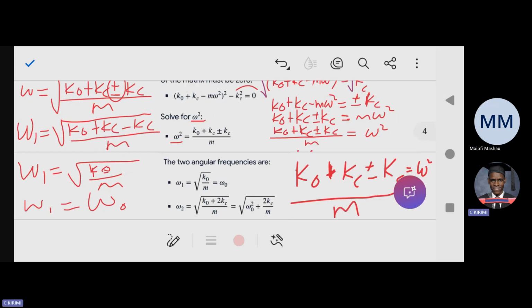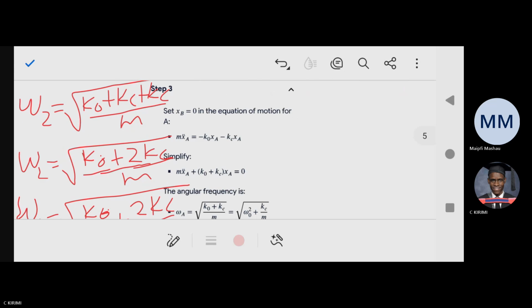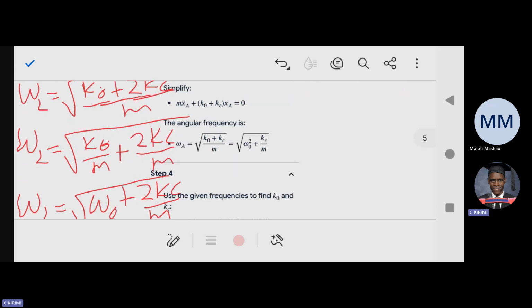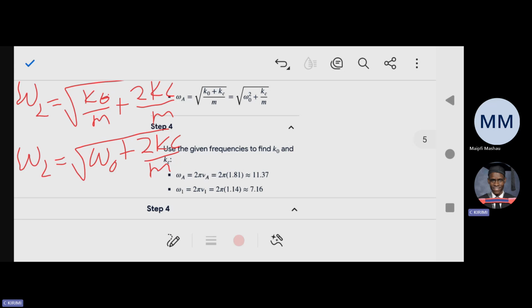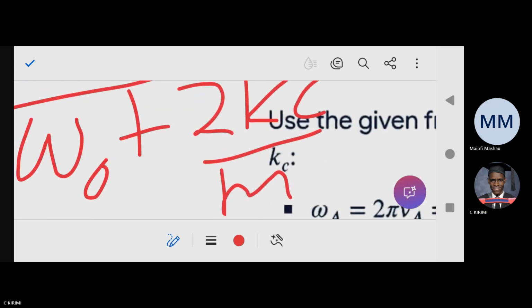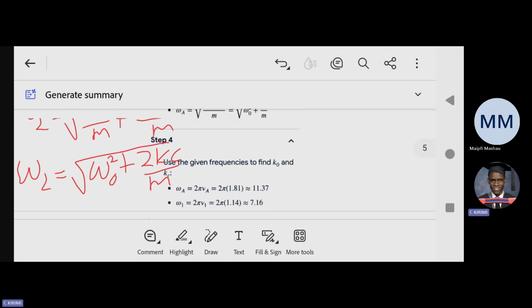W1 is equal to the square root of K naught over M. You show where you get K naught over M, and this is omega naught squared.